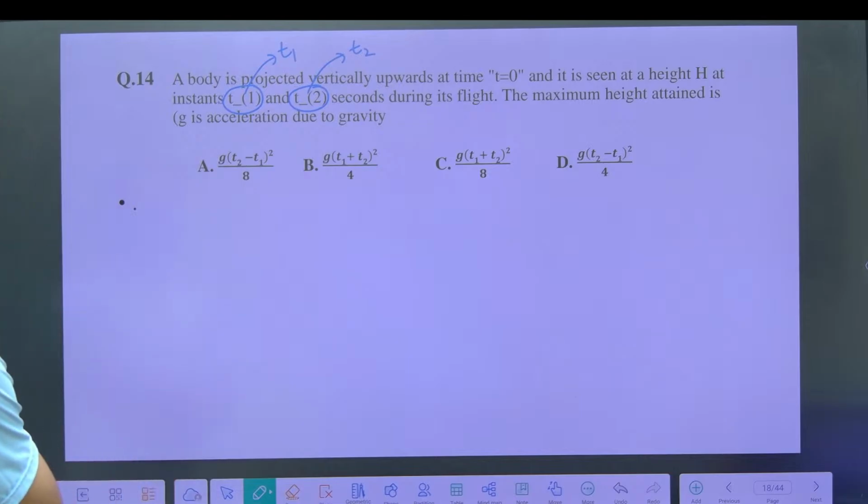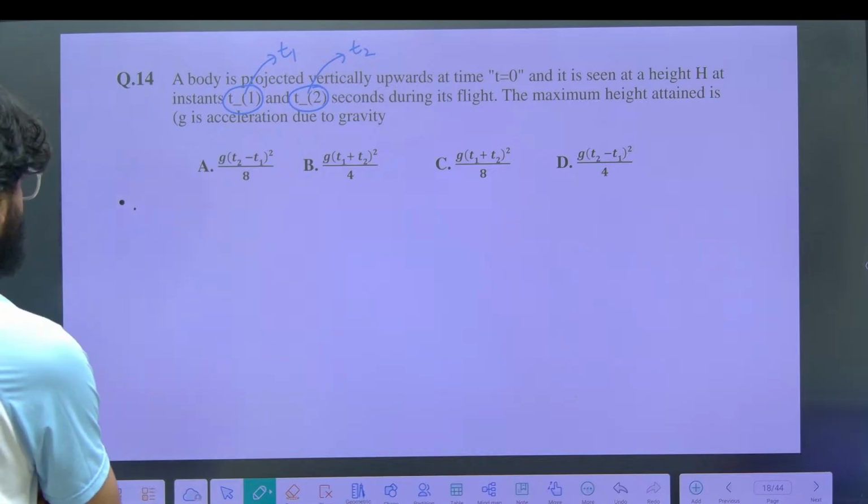A body is projected vertically up at t equals 0. It is seen at a height h at instants T1 and T2 during its flight. The maximum height attained by the projectile is, okay, ठीक है.